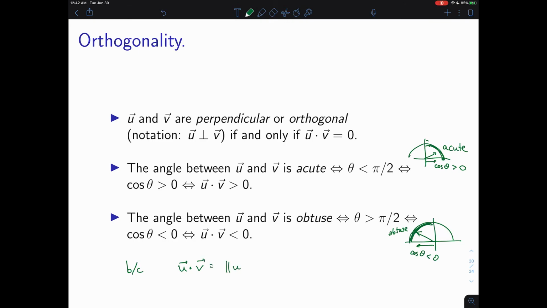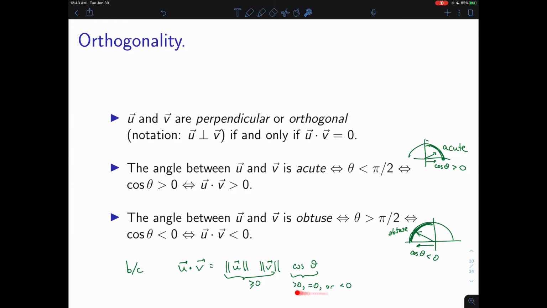Because u dot v is just the magnitude of u times the magnitude of v times cosine theta. And you know that this part is greater than 0, or, well, I guess it could be equal to 0 if one of them was a 0 vector. So the cosine is the only part that could be greater than 0, equal to 0, or less than 0.